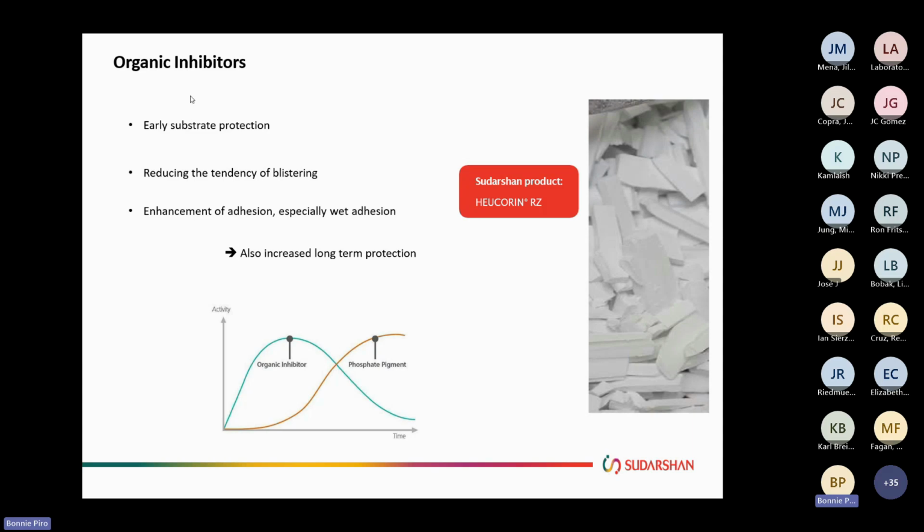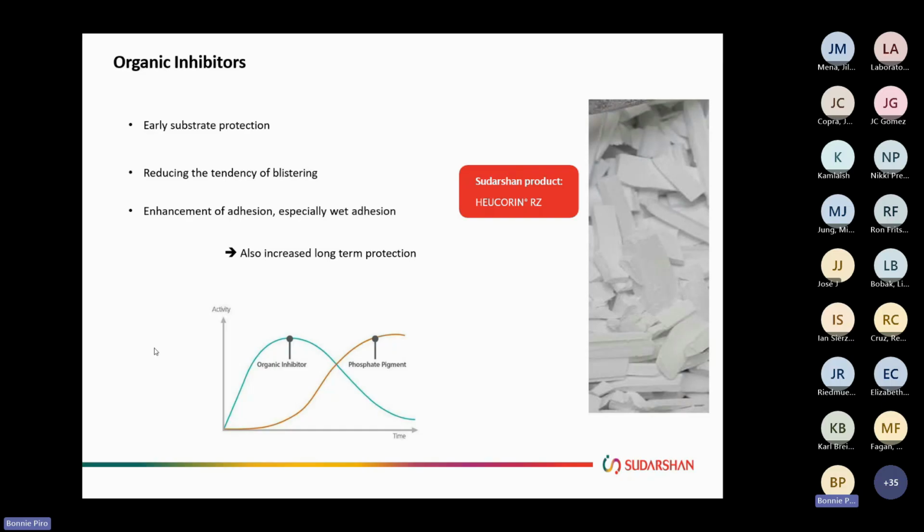And then the other, before I get to that, organic inhibitors. These are used if you consider the time frame or time lapse of corrosion. These are there to reduce the early impact of moisture and salts on the film itself.